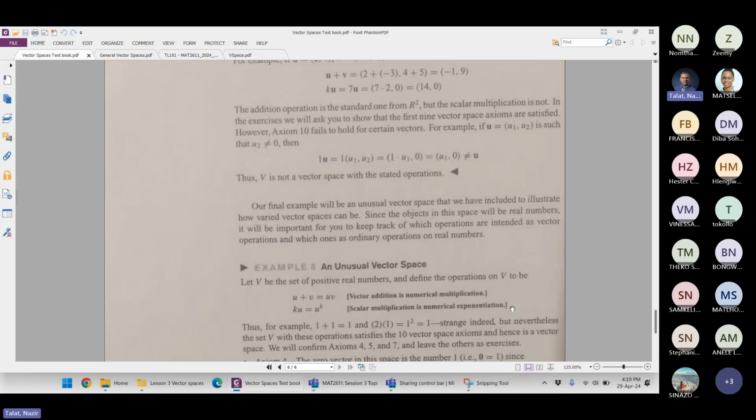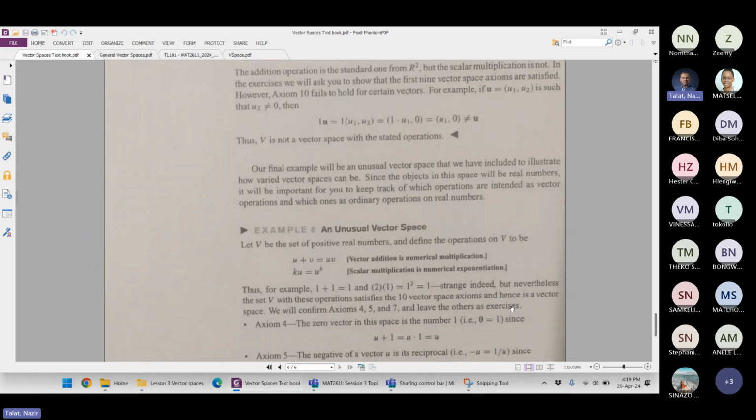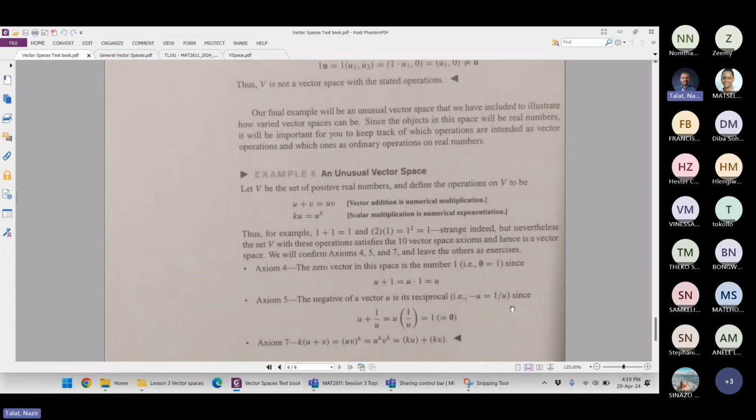Then there are also some other unusual vector spaces, which are vector spaces but look somewhat different. For example, V is the set of all positive real numbers, and we define the operation u plus v equal to u times v, and for any scalar k, k times u is equal to u power k.